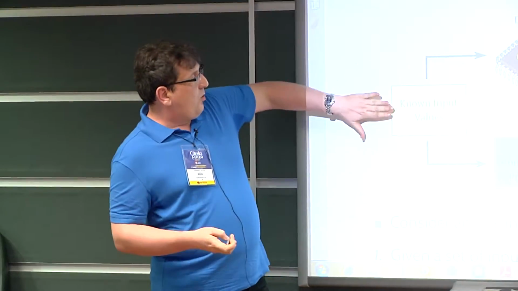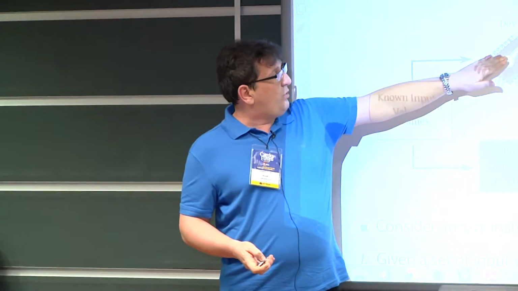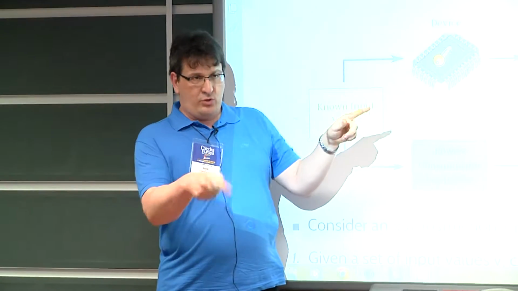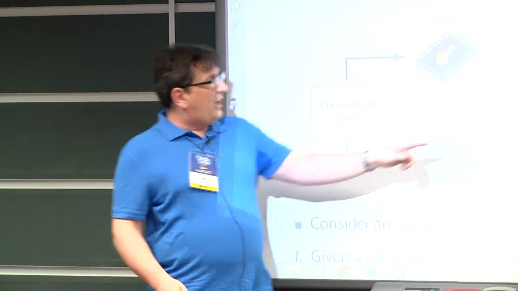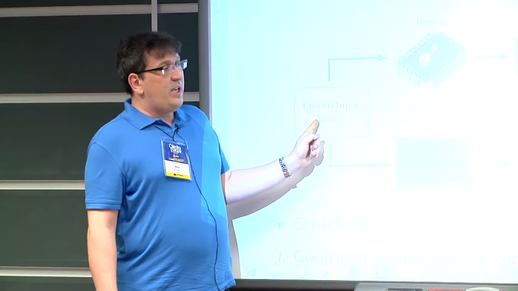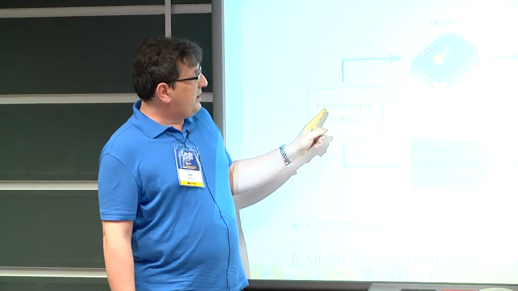So the typical workflow of a power-based side channel is this one. We have a cryptographic device with a non-readable key stored inside it. We have an oscilloscope, and we know the inputs of the algorithm.